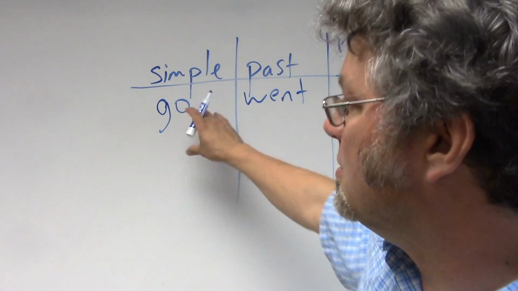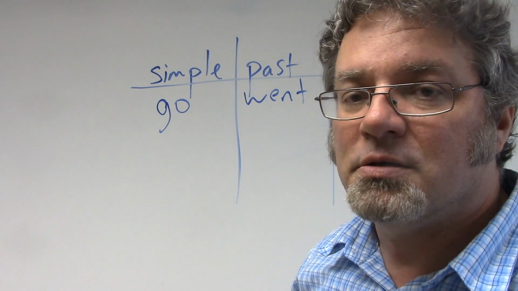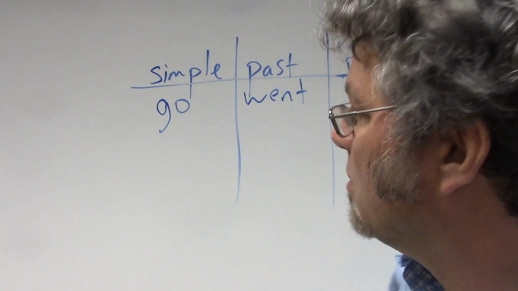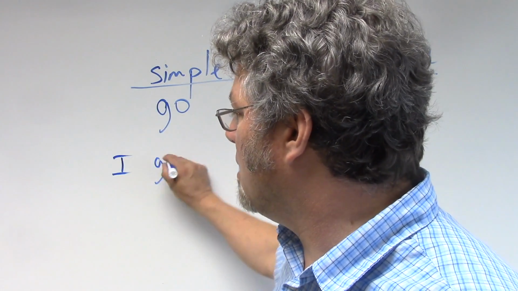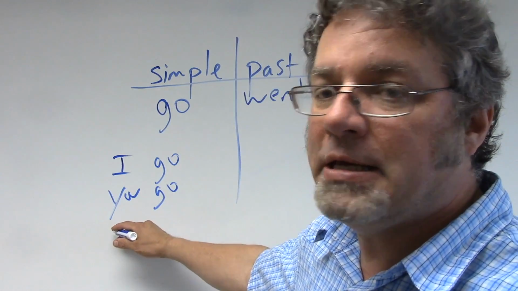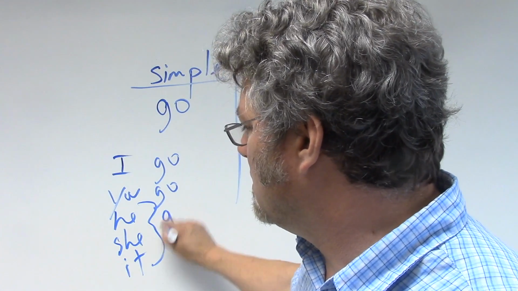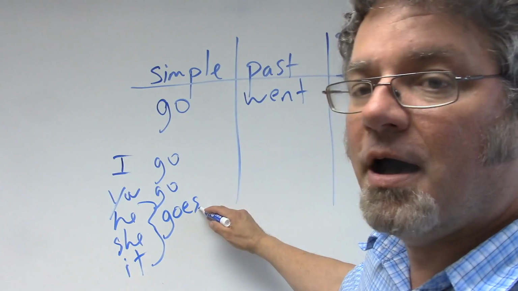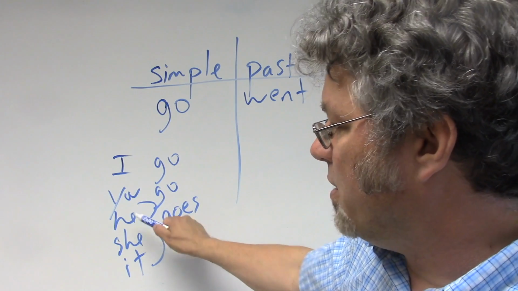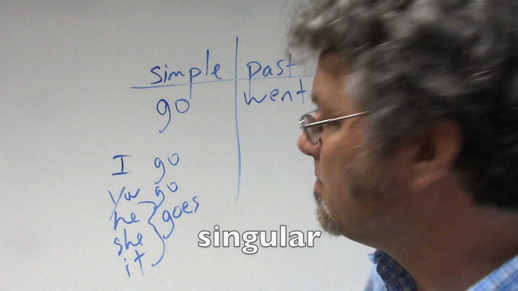To put this into the simple present, you have to consider what the subject is and whether it's singular or plural. So, I go, you go, he, she, it goes. You have to have the S ending for a verb that's used with a singular man, woman, or thing.